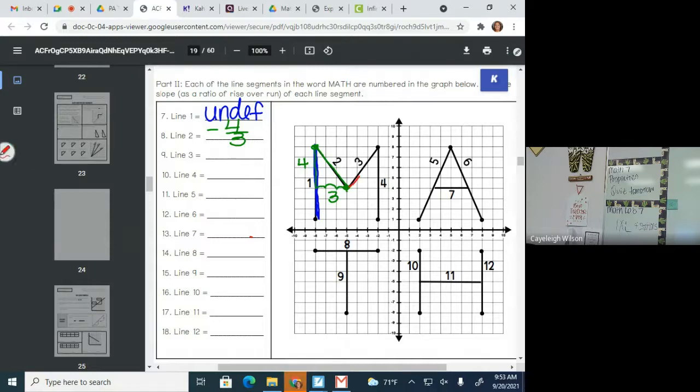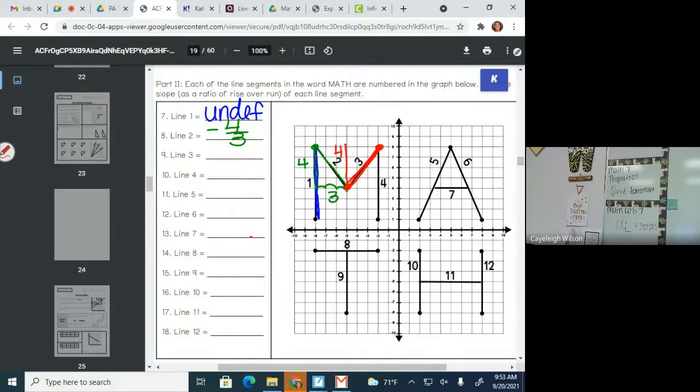Okay, this one, line 3. So I'm going from this point to this point. This is what kind of slope? Positive because it's going up. And I'm gonna count from this bottom point to this top point. So I'm gonna go up 1, 2, 3, 4.